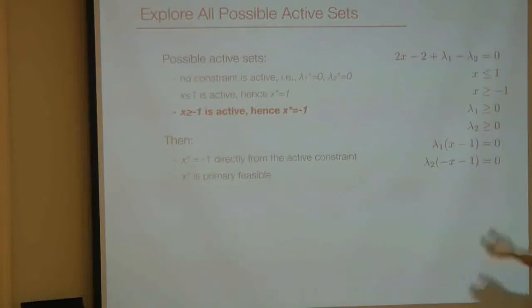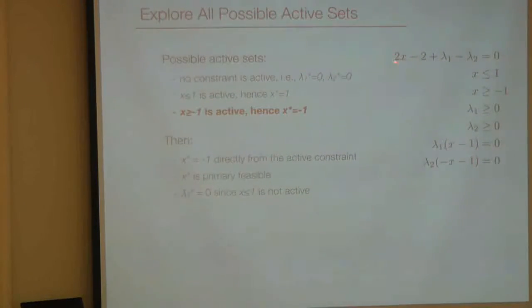Now we need to check dual feasibility, and for that we need the values of lambdas. How do we compute the values of lambdas? Tell me one lambda, which is for sure the correct value for this scenario. Always look for those constraints which are assumed to be not active. So lambda 1 is 0 because this constraint is not active.